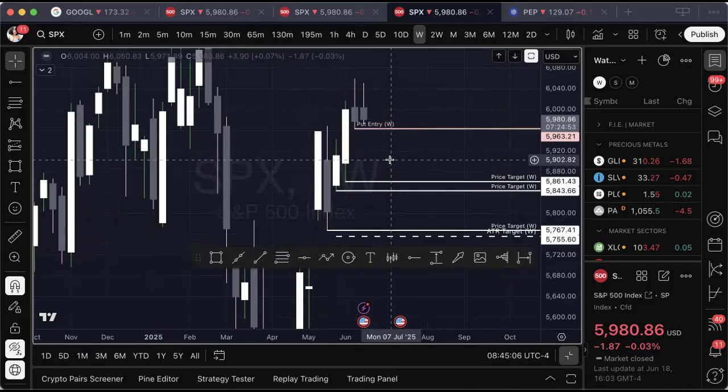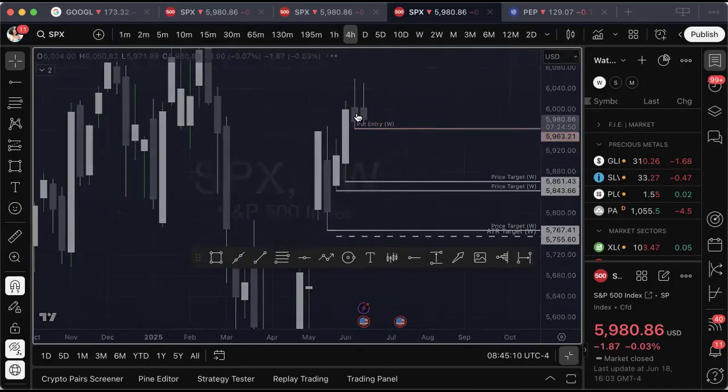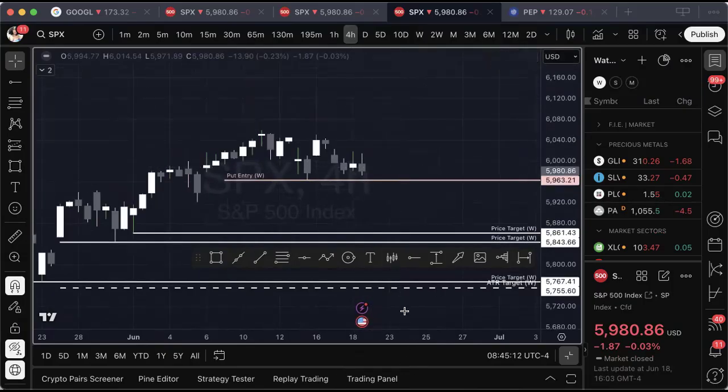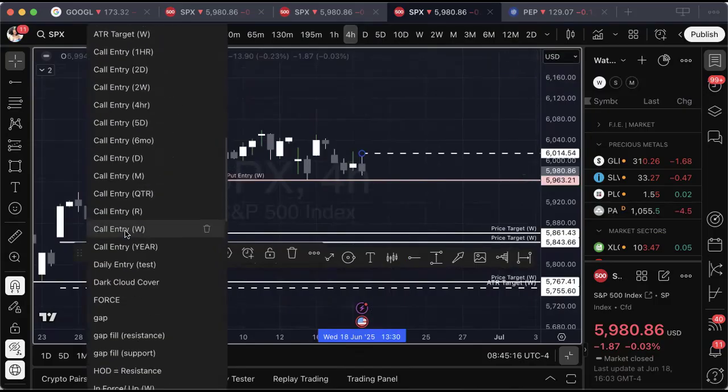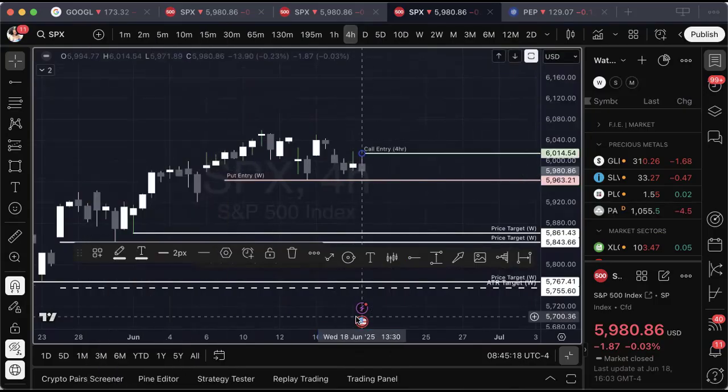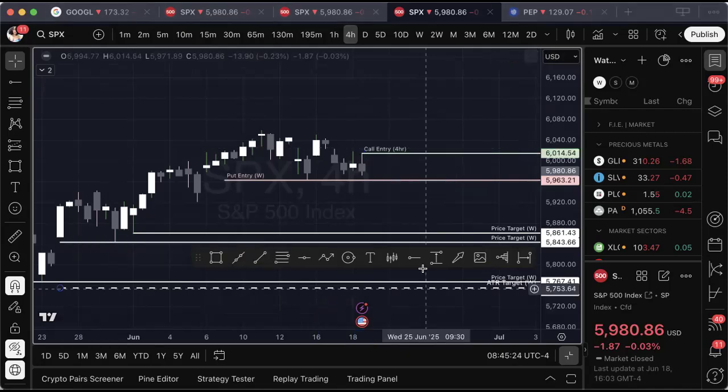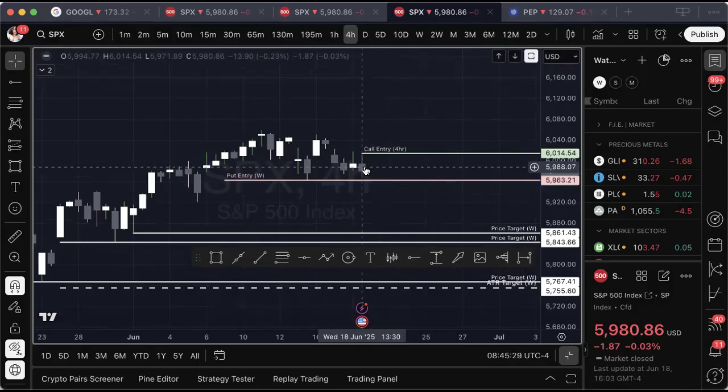All right, so now that we have our downside mapped out, we do need to get our upside mapped out. So let's just start from the 4 hour and see what we get. All right, so we do have a 2 down candle per the strat that gives us our call entry. And so now we just need to get our magnitude. Okay. So let's see here.